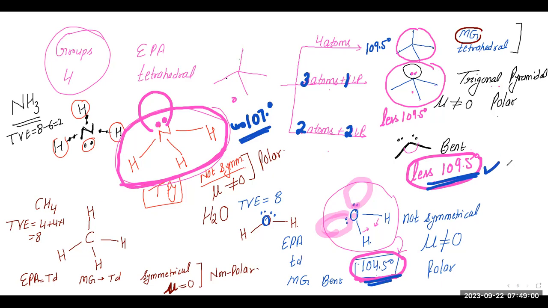Then you have to explain the nature of lone pair. In water, lone pairs are more, so they need more space. They cause more distortion and push bond pairs closer, so the angle goes down. Here there is only one lone pair, so that's going to cause less repulsion than in water. So the angle will reduce, but it will be slightly more than that of water.